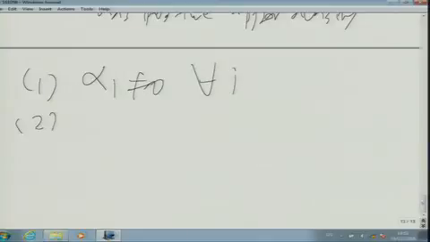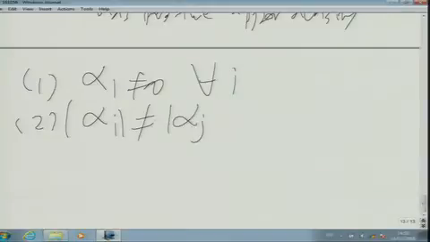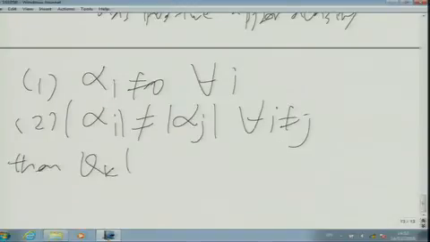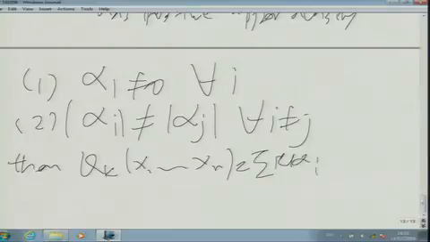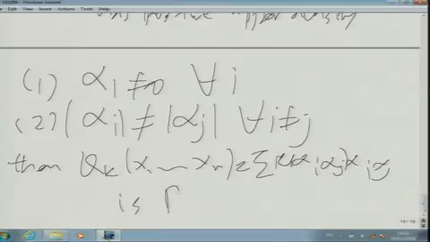And also with some restrictions, which is alpha_i isn't equal to 0 for all i, and the absolute value of alpha_i isn't equal to that of alpha_j for all i not equal to j. Then the quadratic form Q_K(x_1 to x_n), which is the summation of K(alpha_i alpha_j) x_i x_j, is positive definite. And this is a variant of the main result that I have also proved.